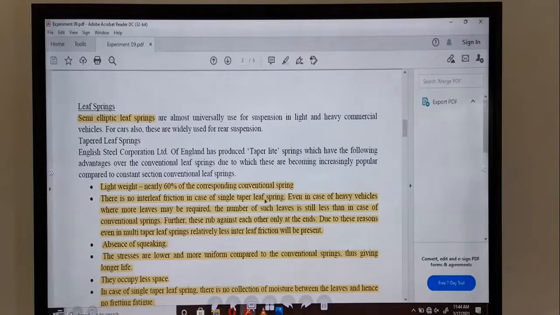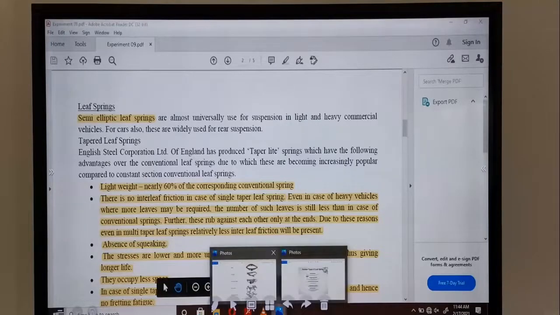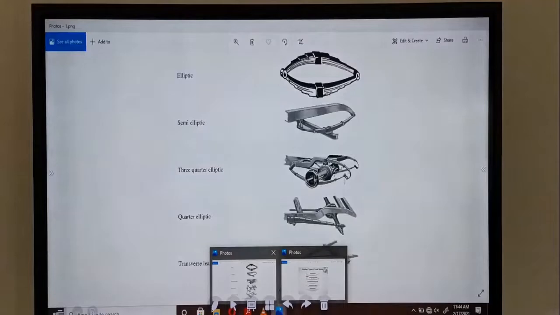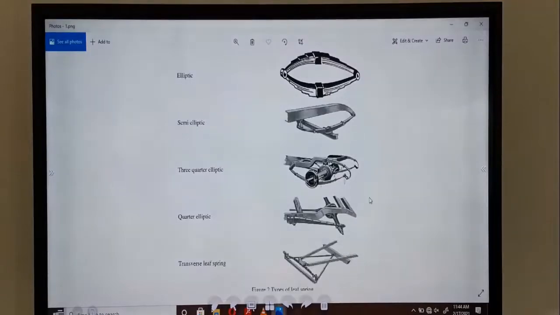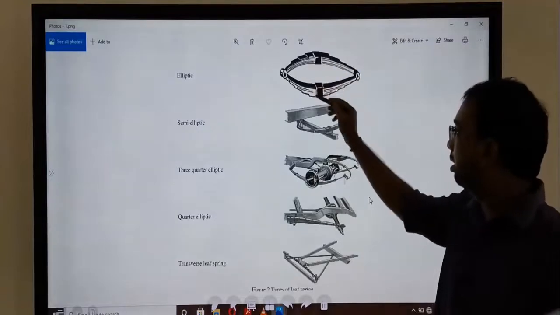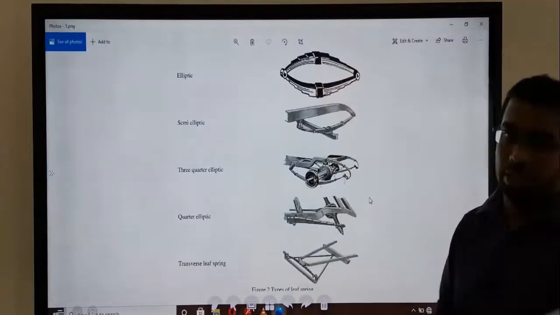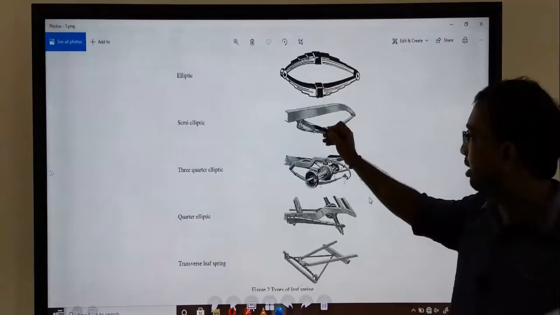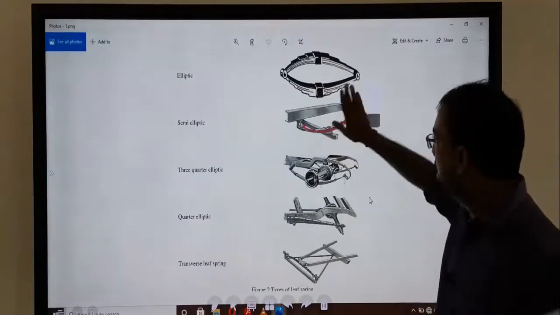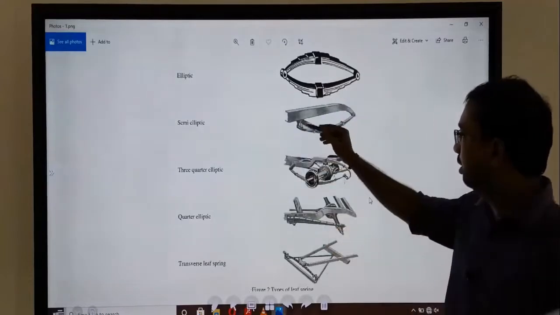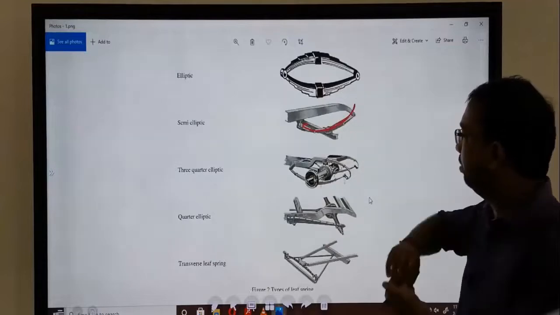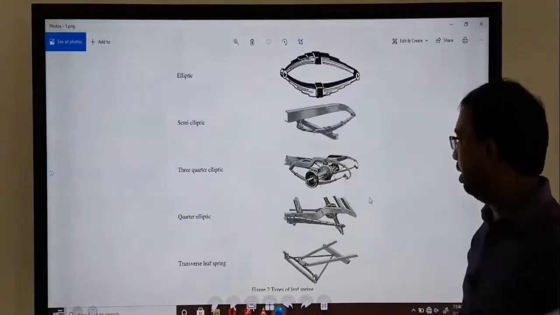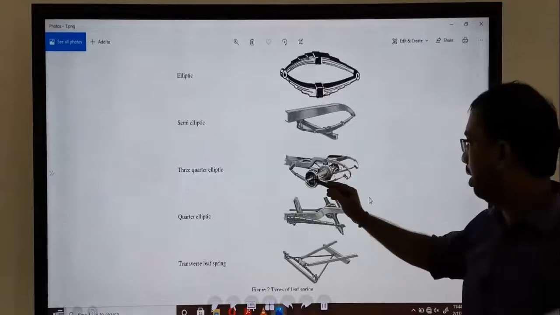So what is semi-elliptic? Okay, I will show a picture. Here this is elliptic. Elliptic means there are two sets of leaf spring. Here this is semi-elliptic, the half of the elliptic, and here is three-quarter elliptic.